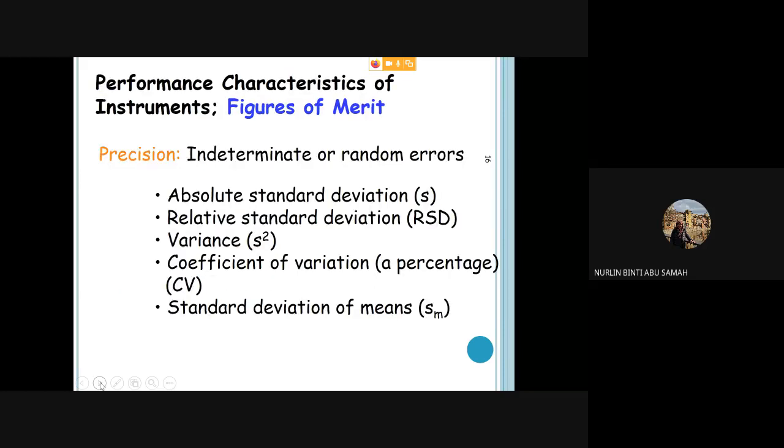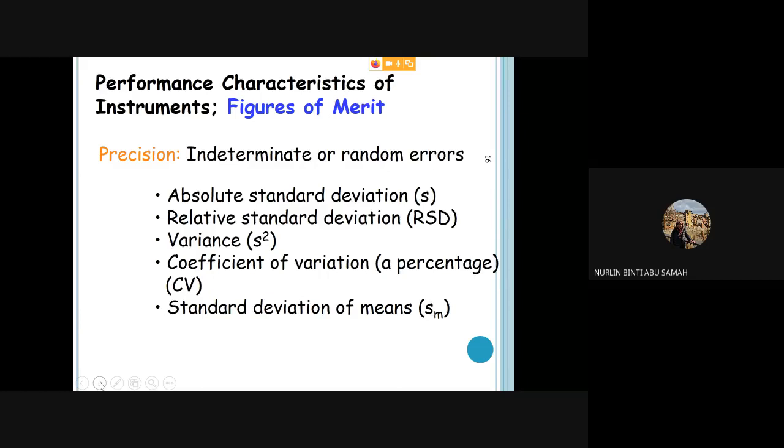Here we have the explanation of precision, or what we call random errors. Basically, we will use standard deviation. I hope that all of you can recall the formula that you use to calculate standard deviation, or you can simply use the calculator to determine it.